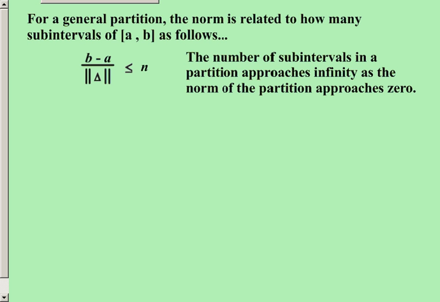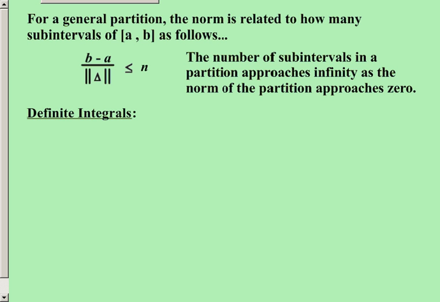So thinking about that ratio, as the norm, which is in the denominator, approaches 0, that's making the ratio between the numerator and the denominator larger and larger. The numerator is staying still while the denominator is getting smaller, so the overall value of the ratio is getting larger and larger, so that's causing the number of subintervals to increase rapidly.